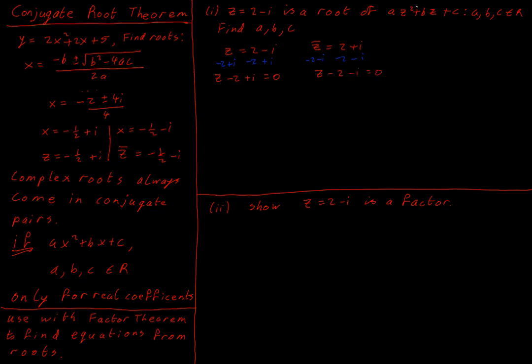These are my two factors of my quadratic. If I multiply these two factors together, I must get my quadratic. So then this is just multiplying out brackets. I multiply my factors together. This is identical to factor theorem problems that we would do in standard algebra. There is absolutely no difference.